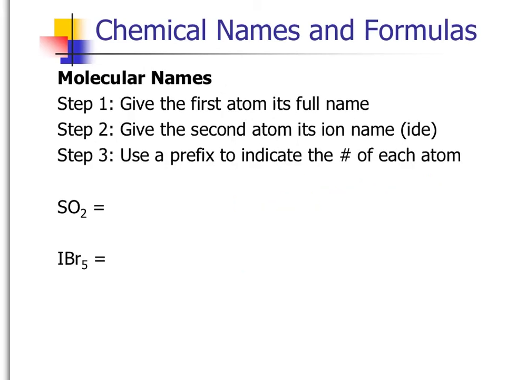To name a molecular compound, follow these steps. Give the first atom its full name, give the second atom its ion name, and use a prefix to indicate how many atoms you have. For example, SO2. S is a sulfur, and O is oxygen, so I change that to oxide.